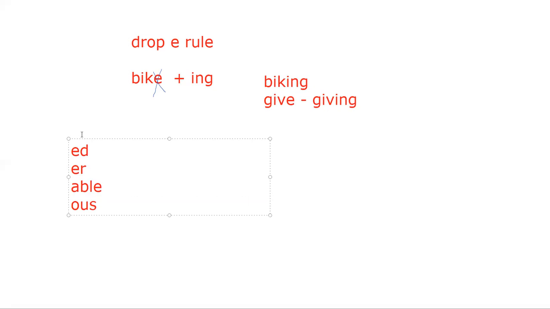So for any suffix starting with a vowel, you have to drop the e. For example, excite: excited, excitable. The last e will be dropped, right?